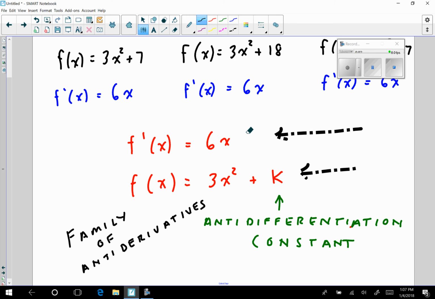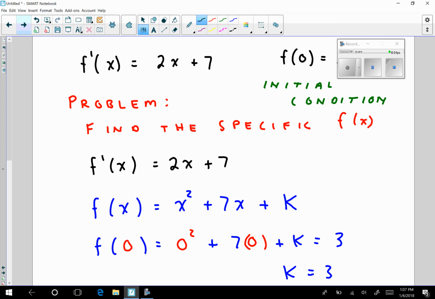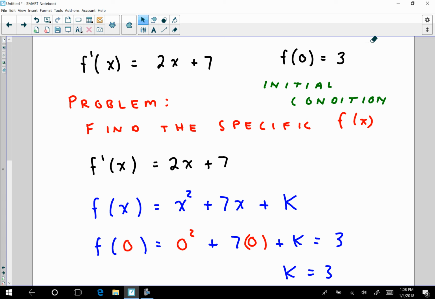So let's do a problem that asks us to find a specific f of x given a couple conditions. So here's our first problem. Say we have this problem, f prime is 2x plus 7, where f of 0 is equal to 3.